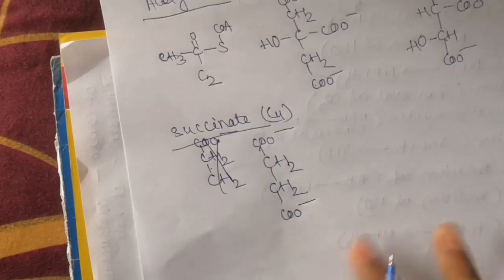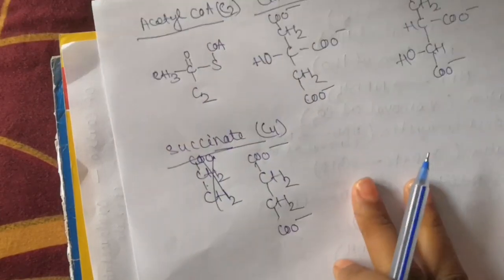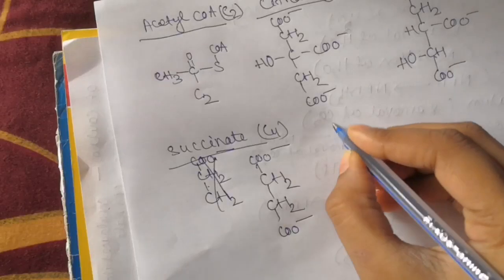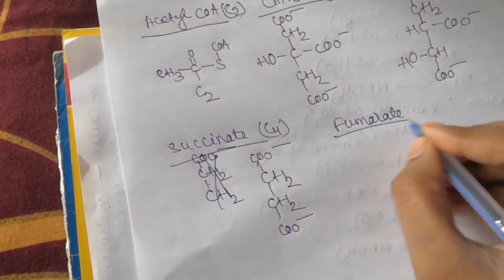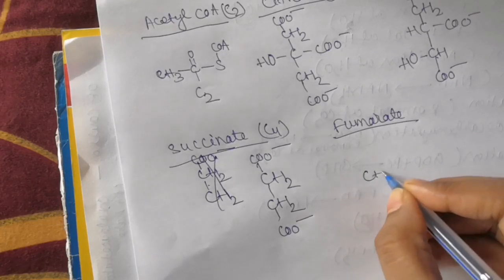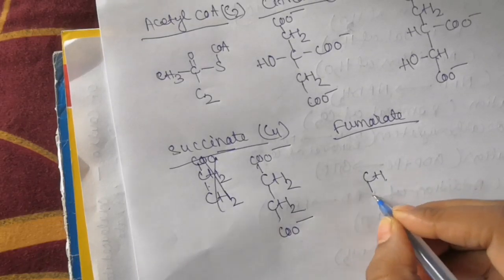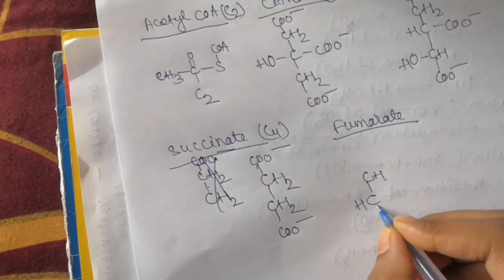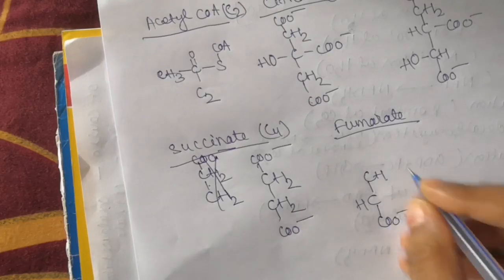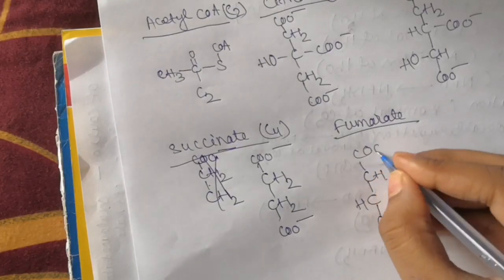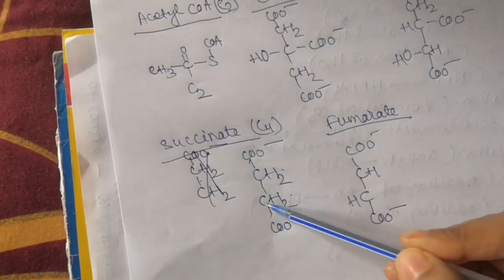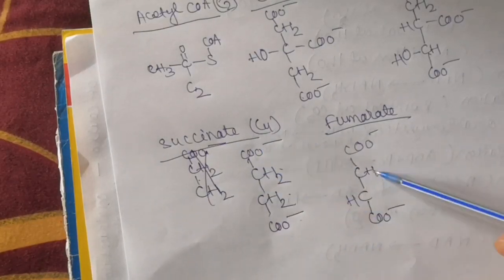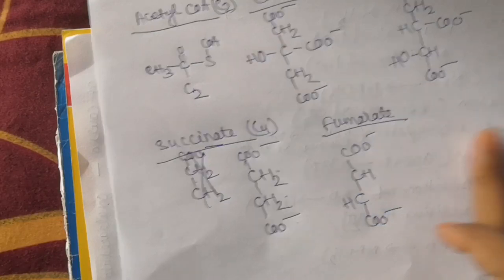Fumarate is CH, C double bond O minus, C double bond O minus. It's so easy to remember, like CH2 COO minus, CH COO minus, COO minus.